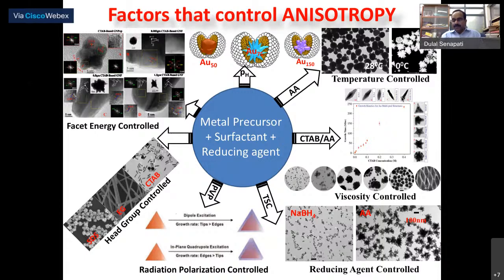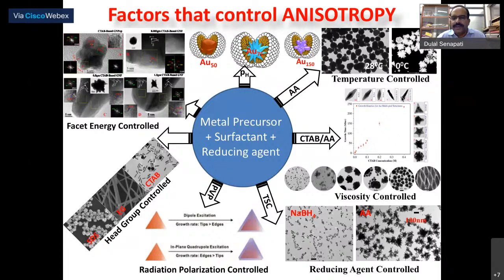So now to generate those things, we can control the different factors which control their anisotropy. So what are those factors? As I told, there are some physical factors as well as some chemical factors.